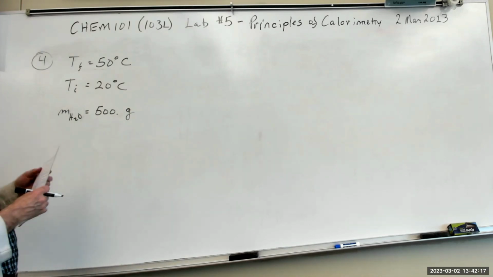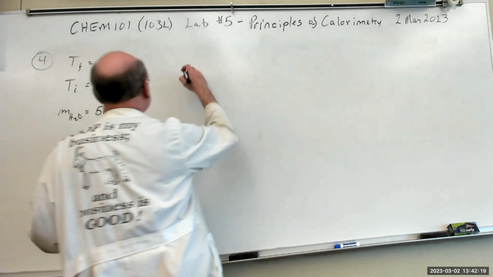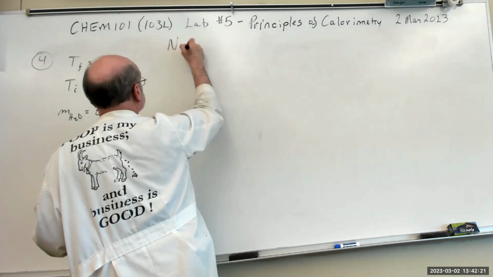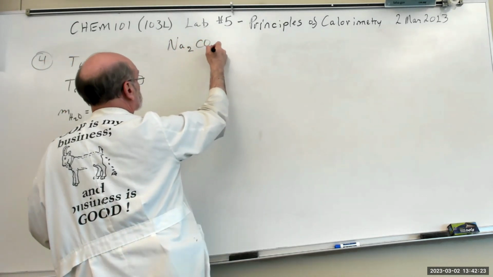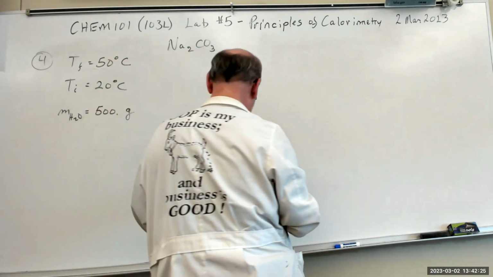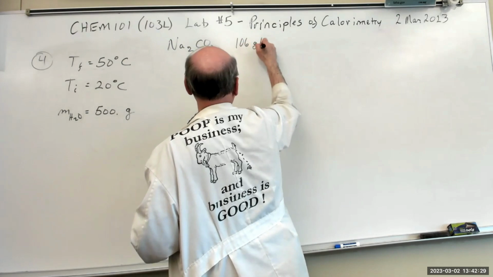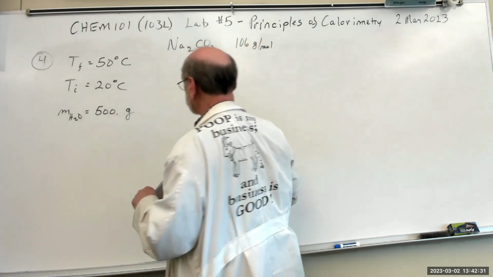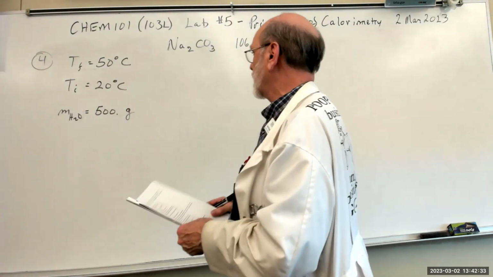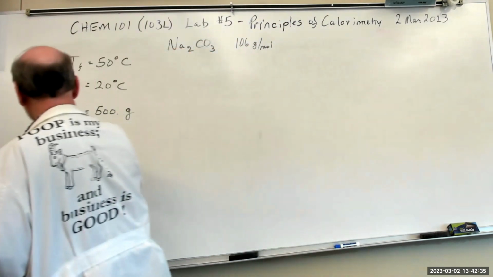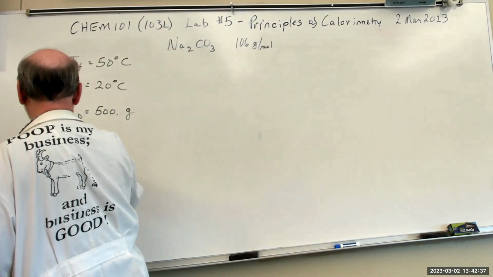And then the compound that's going in the solution is sodium carbonate with a molar mass of 106 grams per mole. Okay, other things that you'll need, specific heat of water.